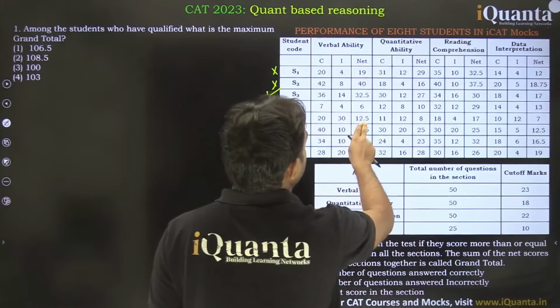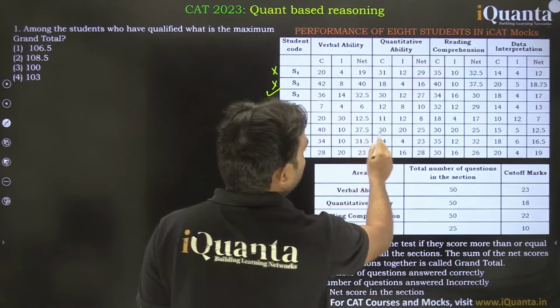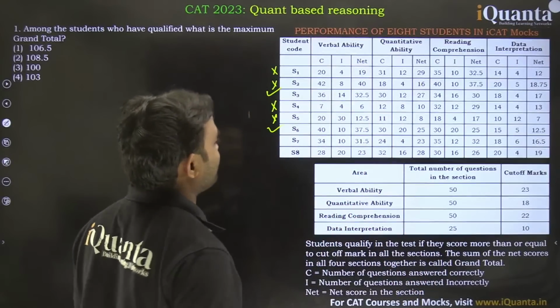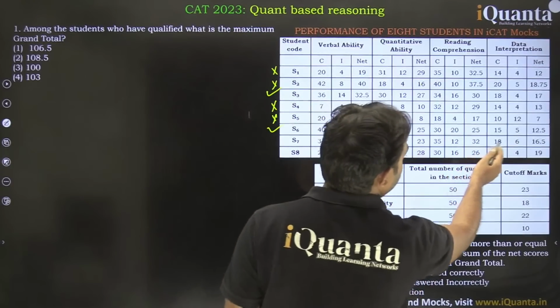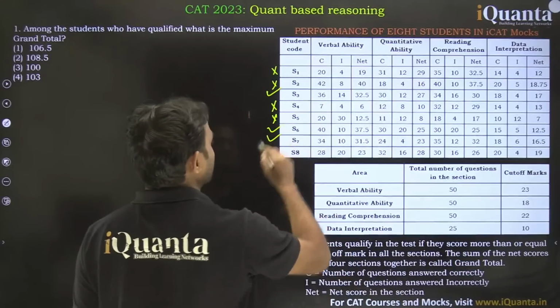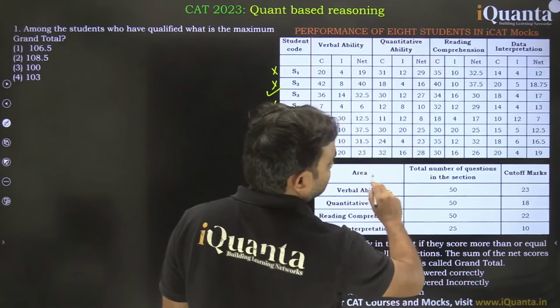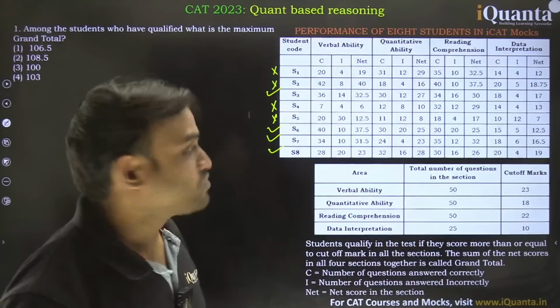Okay, S5, 12.5, not qualified. S6, 37.5, 25, 25, 12.5. S6 has qualified. S7, 31.5, 23, 32, 16.5, qualified. S8, 23, 28, qualified, qualified, qualified. So these four have qualified.